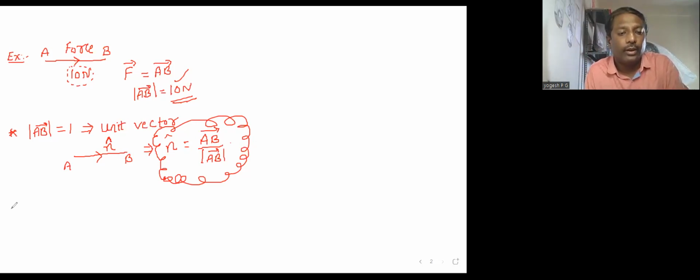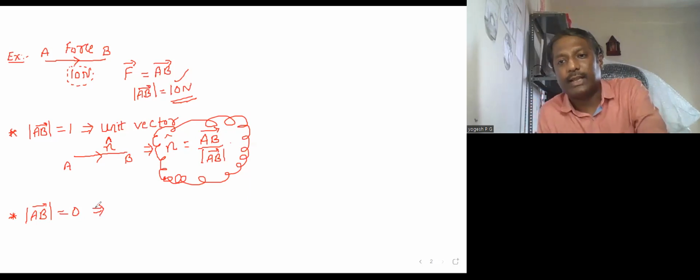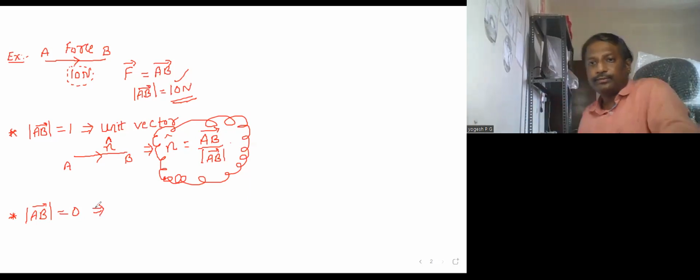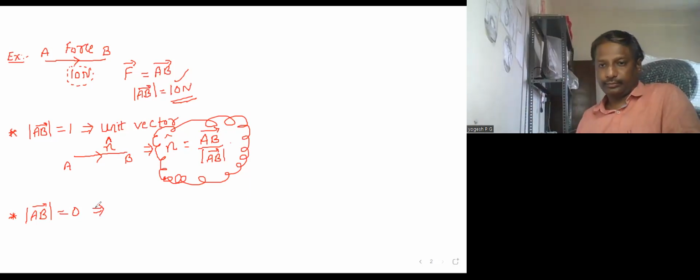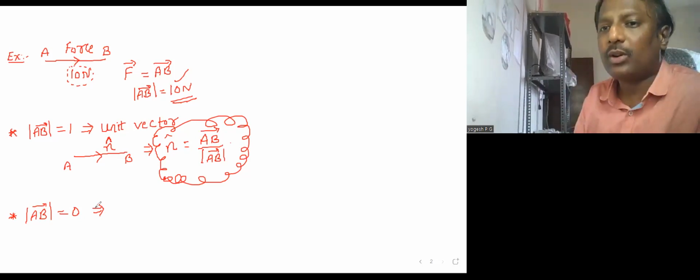Now, suppose I consider the magnitude of the vector to be 0. If any vector has a magnitude of 0, then what is that called? Come on. If the magnitude is 1, it is called a unit vector.